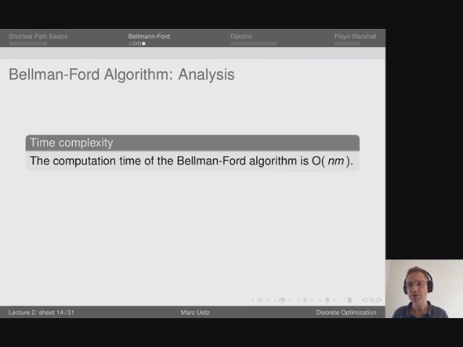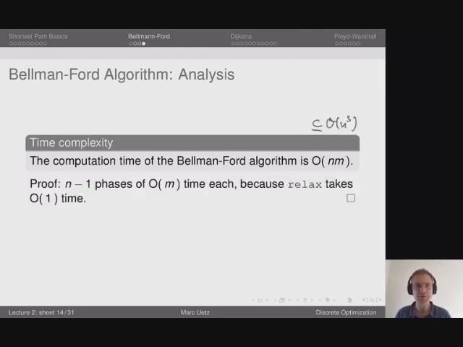We have n-1 phases, and in each of these phases, we go over all the edges of the graph. And for each edge, we just have to do an update step if necessary. So that is constant time. So that's n-1 times order m. Okay, so the computation time follows by the fact that we have n-1 phases, and each of these phases goes over all the edges of the graph.